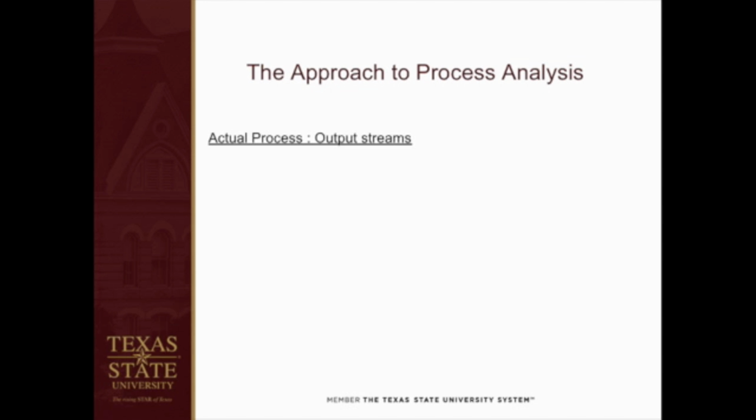Now on the output side, these are a few things you can ask. So what goes out? Are there any chemical byproducts that are produced? If so, can we redesign the process so that no byproducts are produced, or that the byproduct can be used in-house?